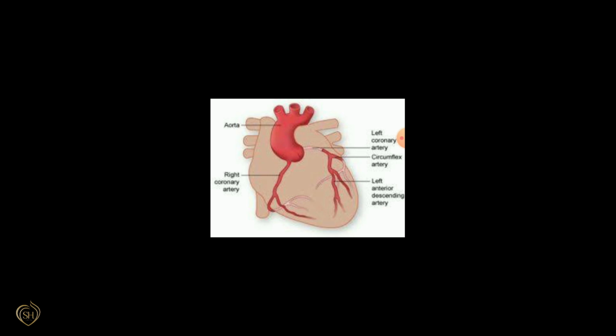Look at the structure. Here you can see they are arising from the right and left side. What is the function of coronary artery? These supply blood to the heart muscles. Coronary artery is the artery which supplies blood to the heart muscles.